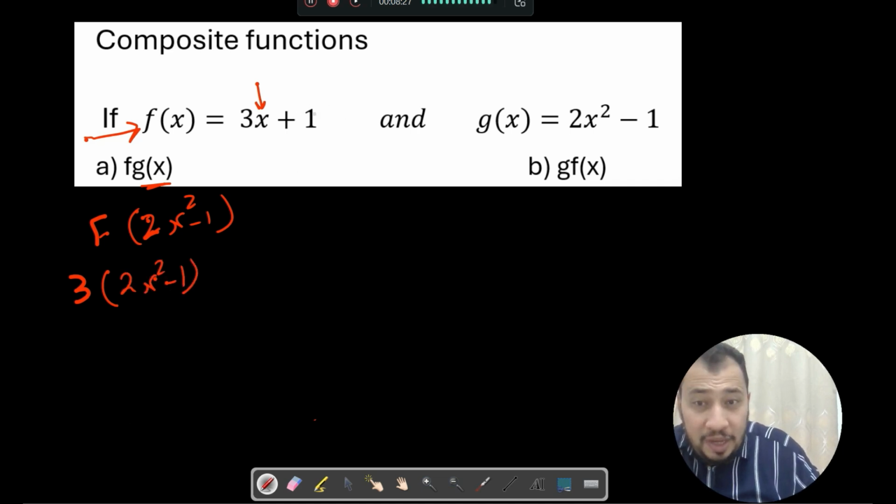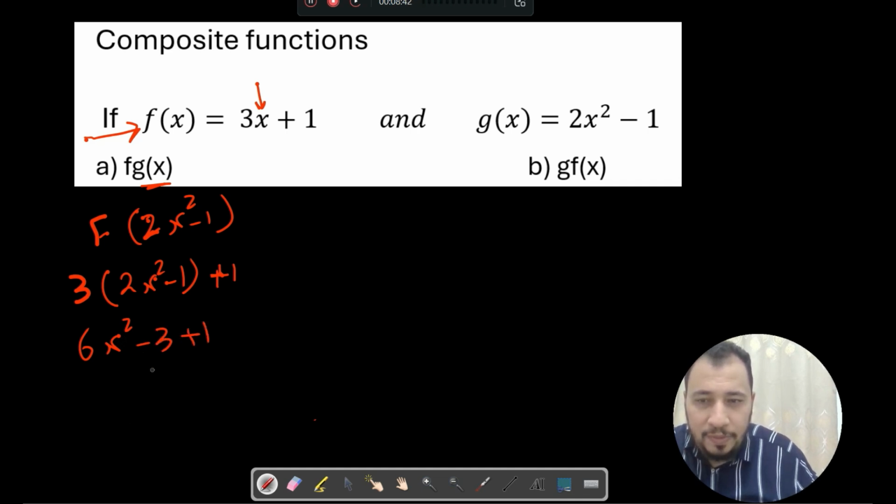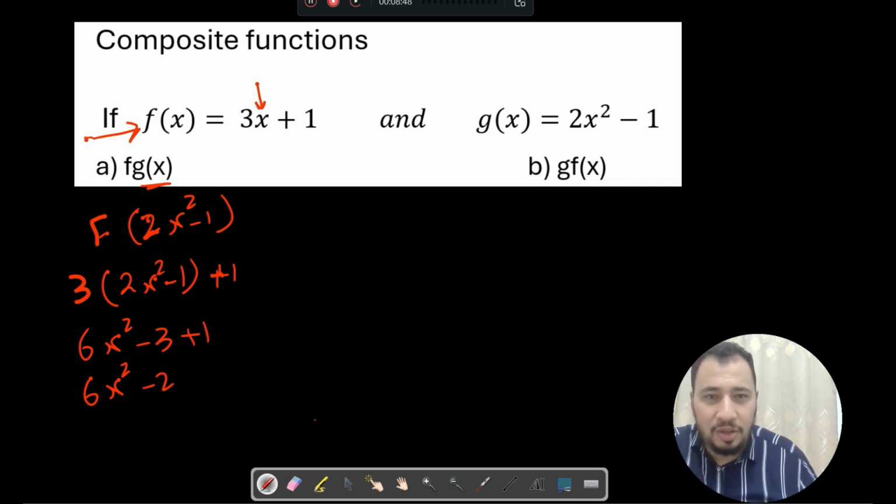And please don't forget this one outside here. So plus 1. Now, the next logical step is to expand. So it's going to be 6x squared minus 3 plus 1. So 6x squared minus 2. This is your final answer here.